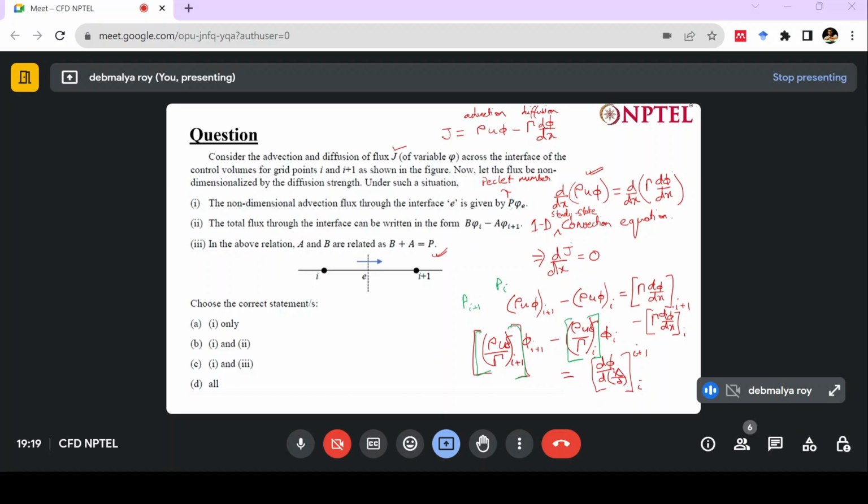So if I simply write J here, J is equal to this gamma del phi del x. If I write this at e, then what will this be?